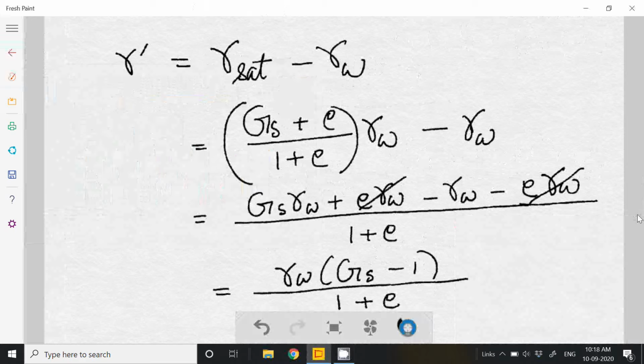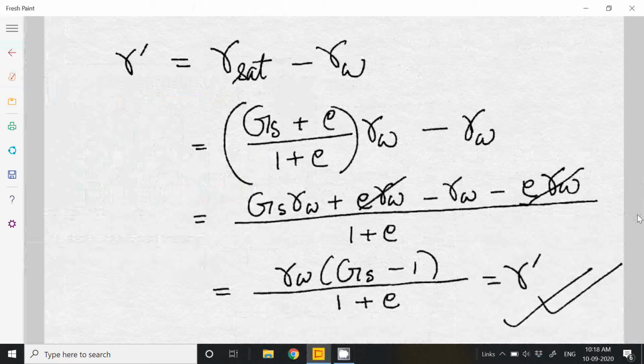So this is also one form of the submerged unit weight. Please keep in mind, you should always write the formulas for these unit weights and try to memorize them.